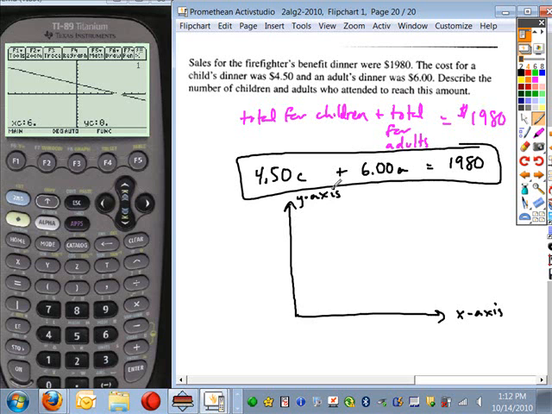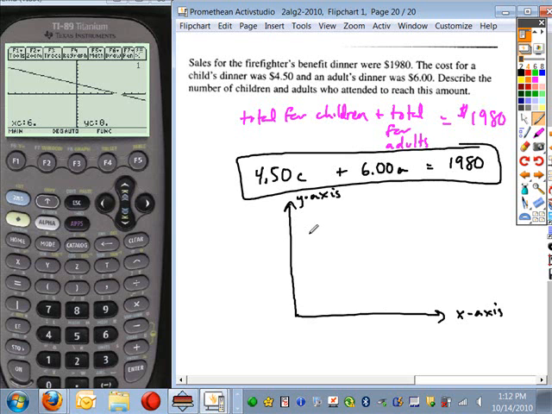No. Some of you might be the negative child. But in a mathematical sense, you cannot have negative people, or objects. So you don't need the whole screen. You only need to see from 0 on for both of these.